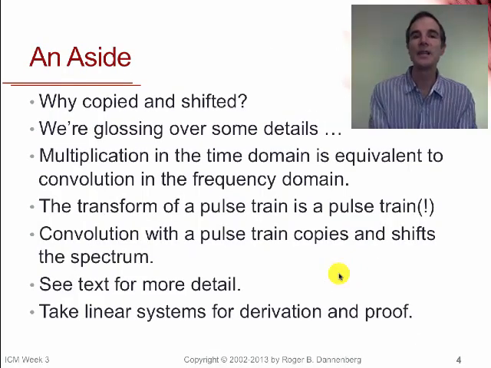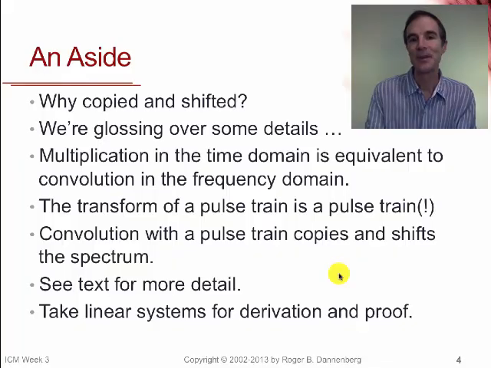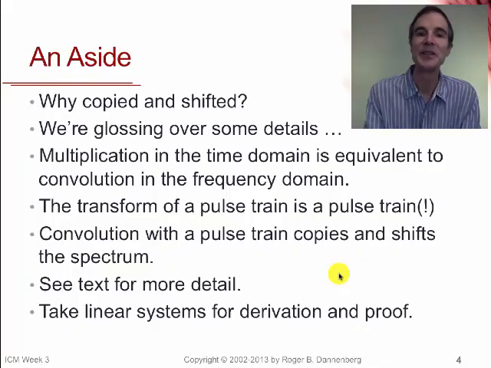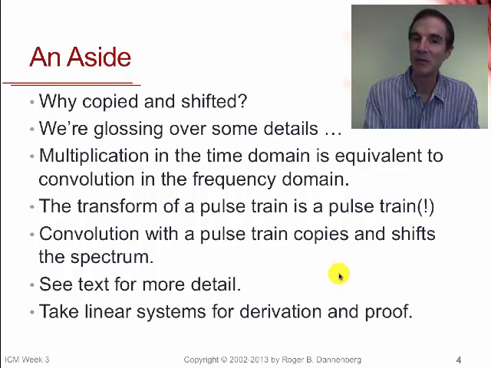So why are these things copied and shifted? Well, we've glossed over a lot of details. First of all, multiplication in the time domain is equivalent to convolution in the frequency domain. This is an amazing theorem. We just don't have time to go into detail and prove it, so you'll have to take my word for it.